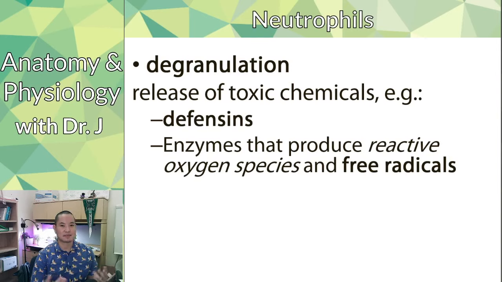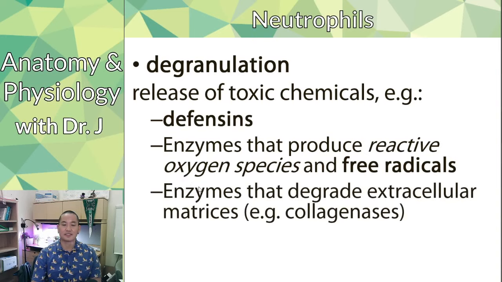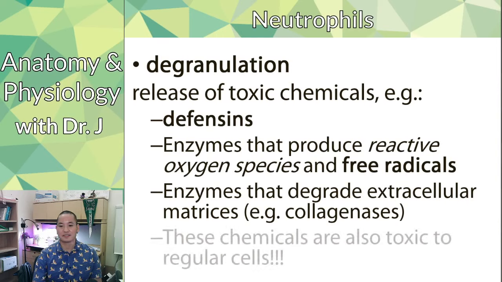They like coming in pairs. So these reactive oxygen species can make a lot of free radicals that rip off electrons from microbes and cause damage to their chemical structure. Also enzymes that degrade extracellular matrices, like collagenases and also proteases.